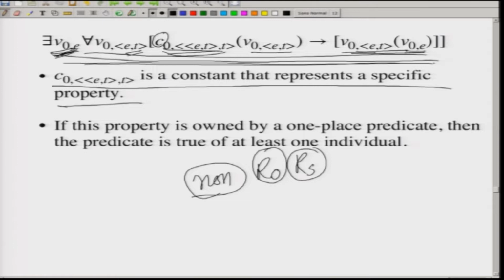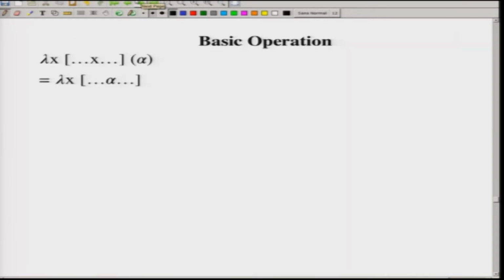So, after having seen this, we now go to another updated version of a higher order predicate semantics, and this is based on lambda calculus. We started with L type, and now we switch to L lambda.